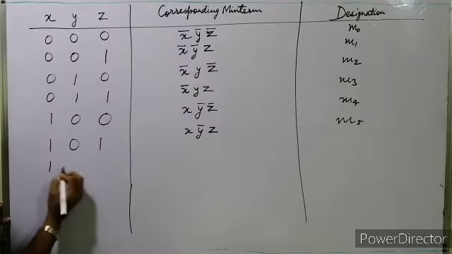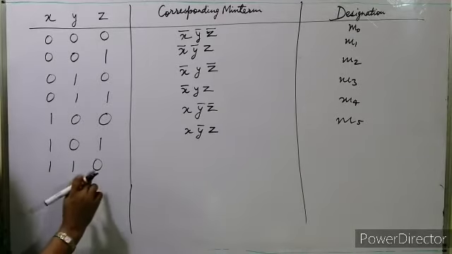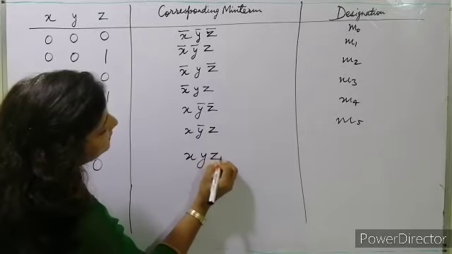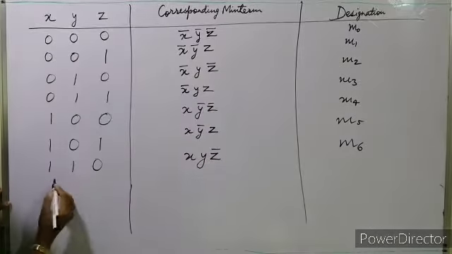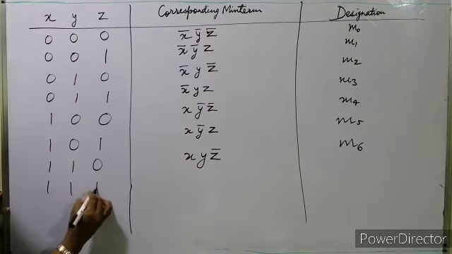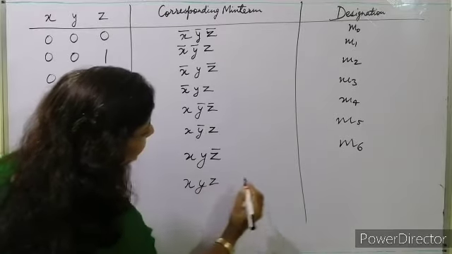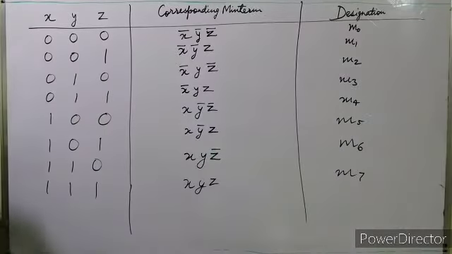Now 1 1 0: x, y and complement of z. This is m6. Now 1 1 1: x y z, this is m7. So m0 to m7 means there are 8 terms, 8 functions we have taken.